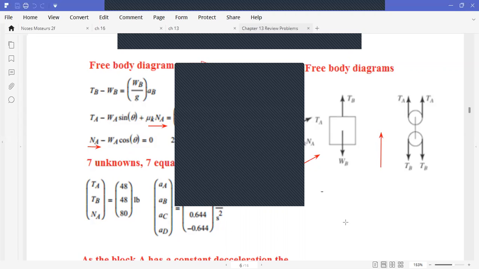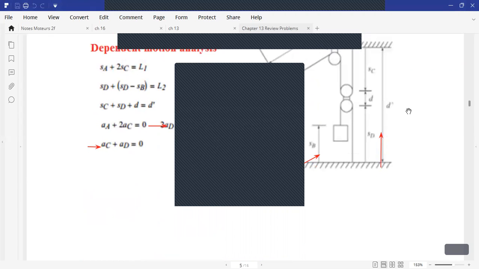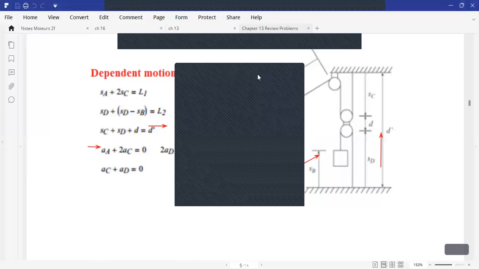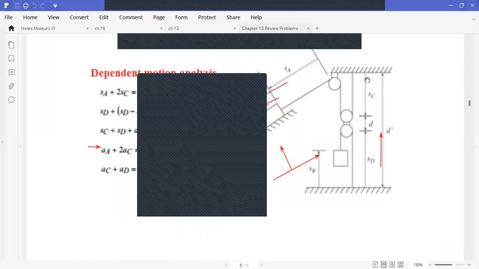Yes, in the beginning we considered SA and SB to be able to relate the acceleration of A and the acceleration of B. We didn't take SA plus SB constant, Jennifer. We said SC plus SD is constant. Look here: if I consider this is SC and this is SD, the total distance between the two is constant.